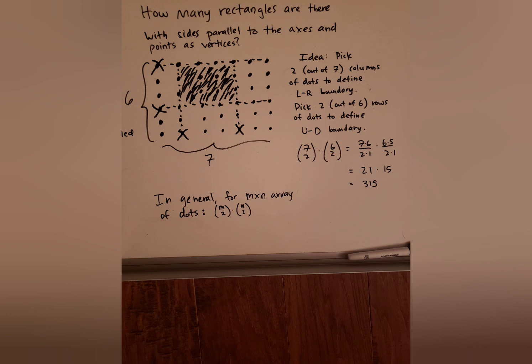And likewise, there are 7 choose 2 or 21 different ways that I can pick 2 points from the last row to define the rectangle's width. So that turns out to be 21 times 15 or 315 different rectangles altogether. And so in general, for an m by n array of dots, there are m choose 2 times n choose 2 different possible rectangles.